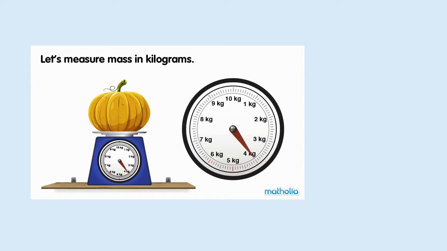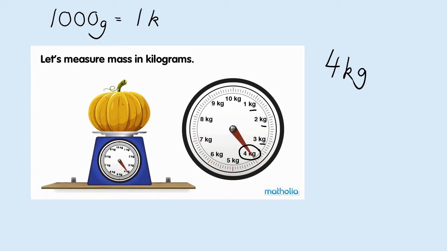This one here is in kilograms. I can tell that by looking at the scale, because all of the markers are in kilograms. The pumpkin falls exactly on the 4. So the pumpkin weighs 4 kilograms. If we wanted to write that in grams, we would use the information that 1,000 grams is equal to 1 kilogram, and we would apply that to this situation.